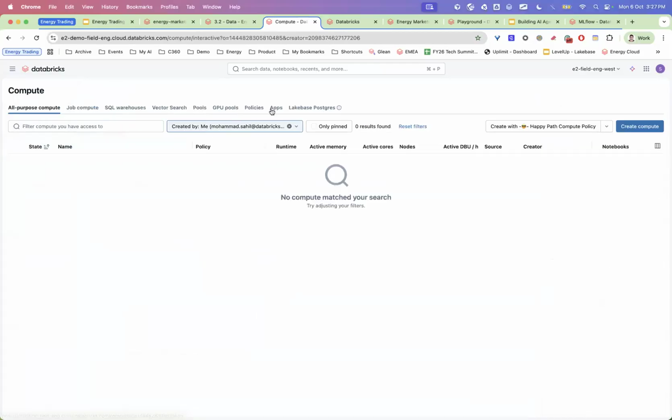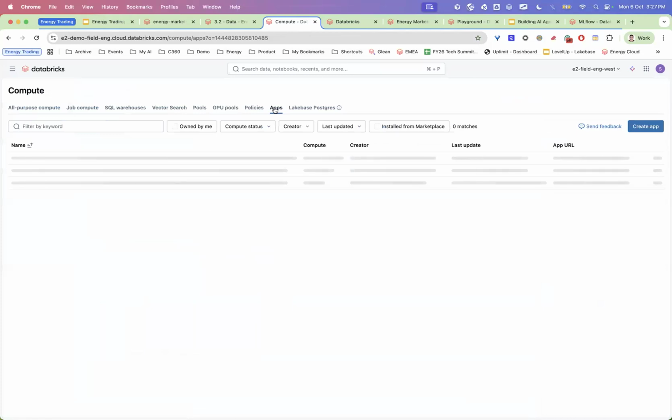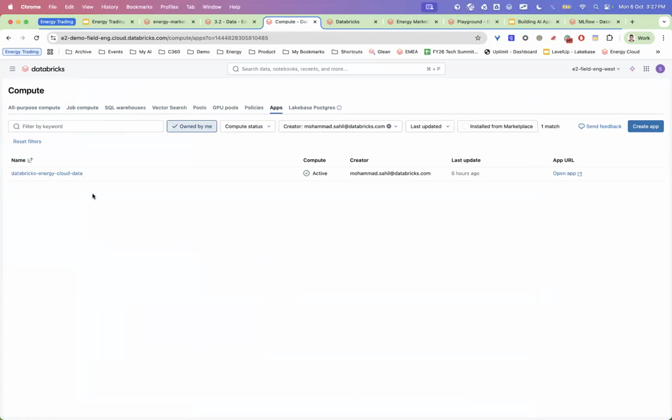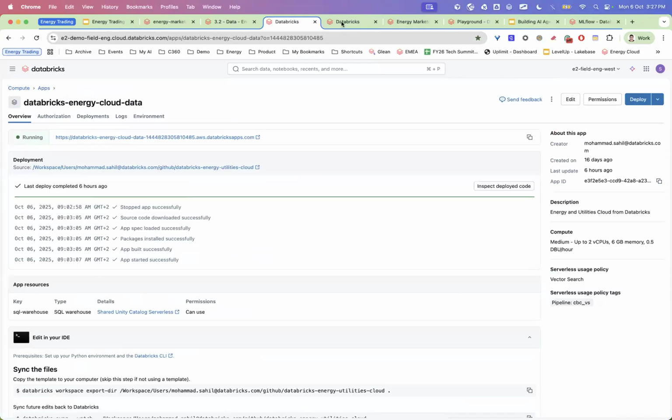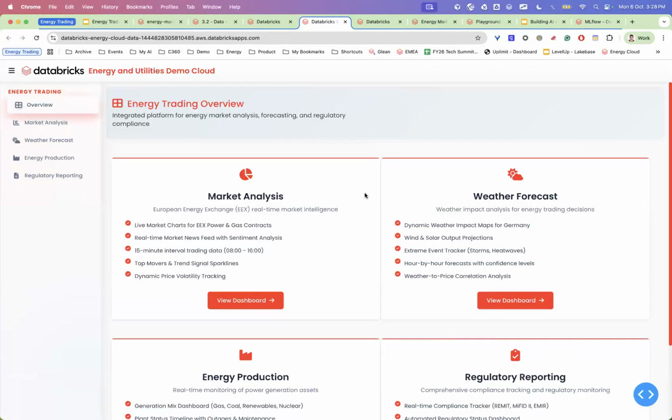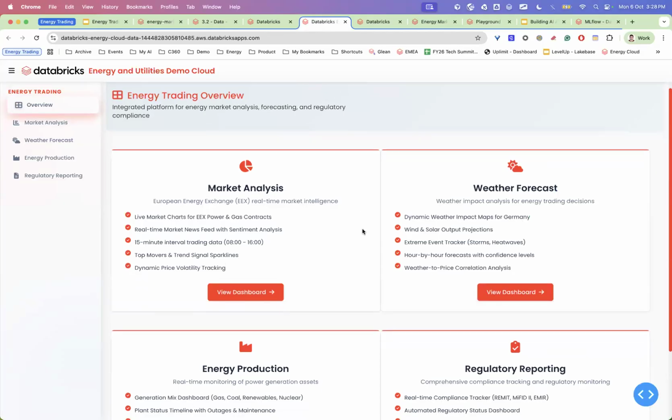If you go to compute and then apps here, the one I created for this demo. So let's open it. Just to clarify, we don't offer these apps as ready-made solutions, but you would use Databricks as a foundation to build this solution.